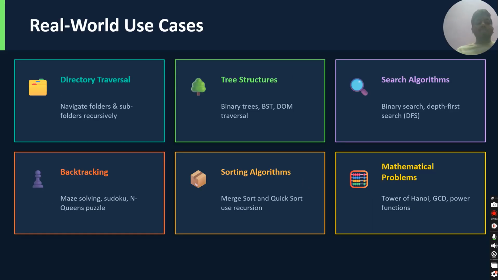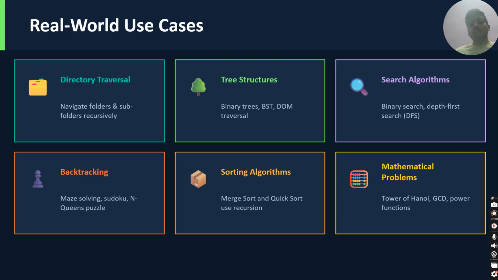So real world use cases: we have many, which include directory traversal, tree structures, search algorithms, backtracking, sorting algorithms, and mathematical problems. Let us go with them one by one. When navigating folders and subfolders recursively, it is very useful. It is useful when working with binary trees, binary search trees and DOM traversal.